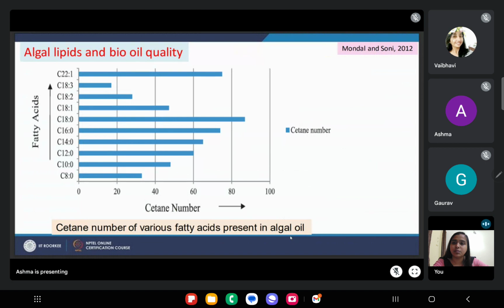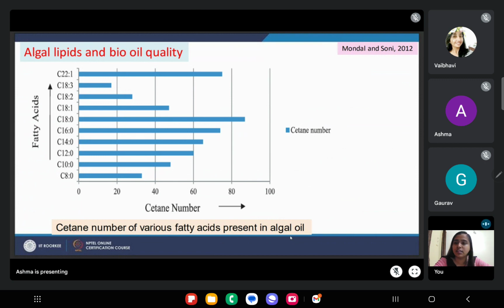Next, we have algal lipid and bio oil quality. As we know, cetane number, we learned about cetane number in last week's sessions. If the oil or fuel has a high cetane number, then it burns very easily. Its combustibility is very high.